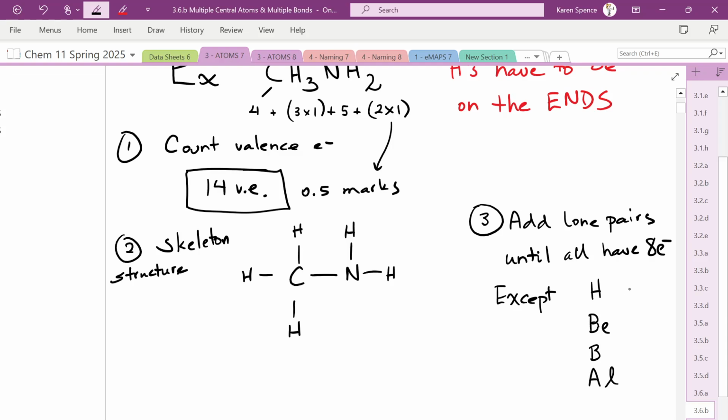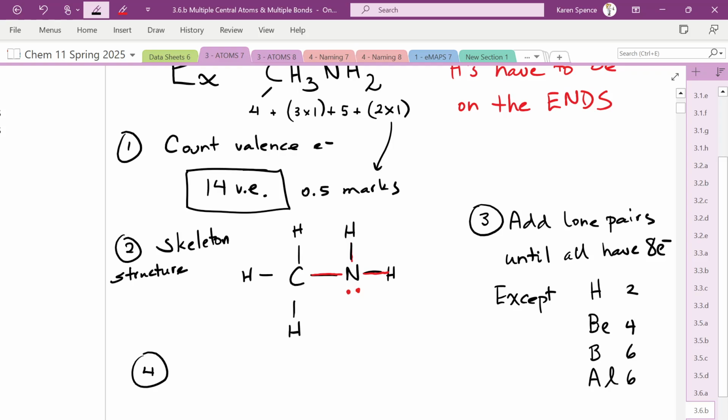Hydrogen needs 2, beryllium needs 4, boron needs 6, and aluminum needs 6. Too bad it's not 2, 4, 6, 8, but then that would not be less than 8. So there we go. Okay, who needs extra electrons here? Nitrogen, because nitrogen has 2, 4, 6, and we need to put in a pair to make 8.